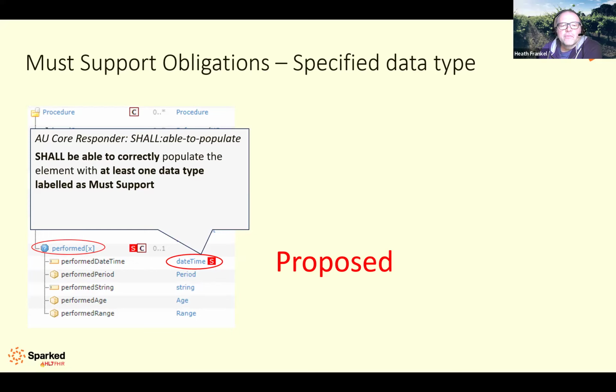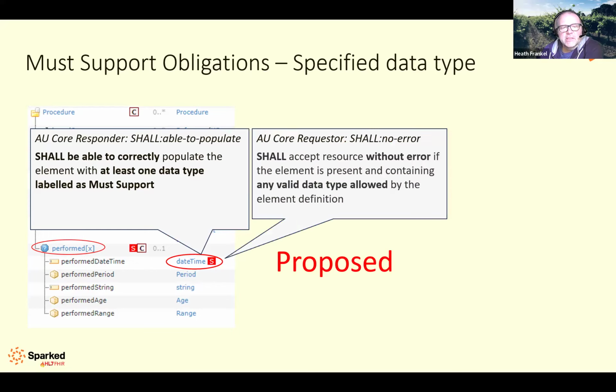But what I've worked through over the last few days is by using the be able to correctly populate obligation on the responder, which is basically saying you shall be able to provide that. But still on the requester, they need to support all.